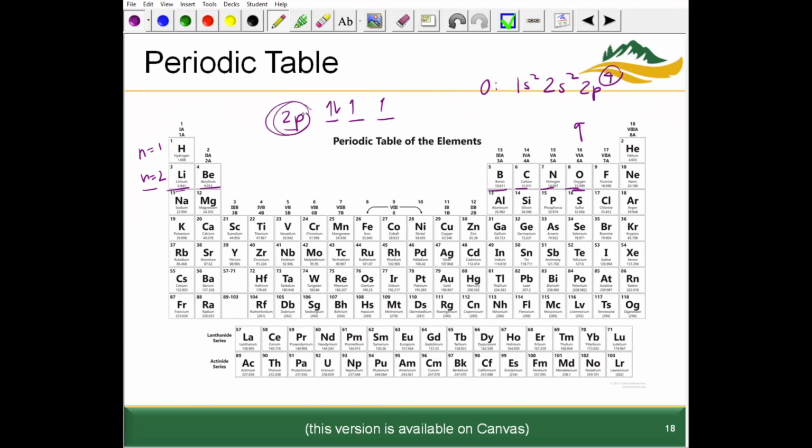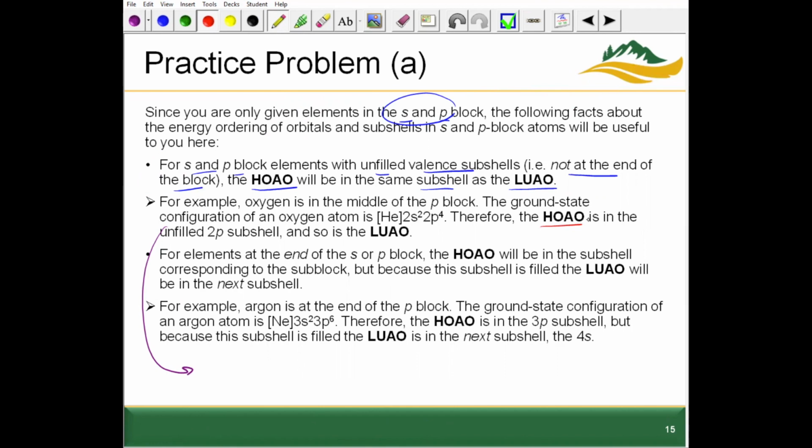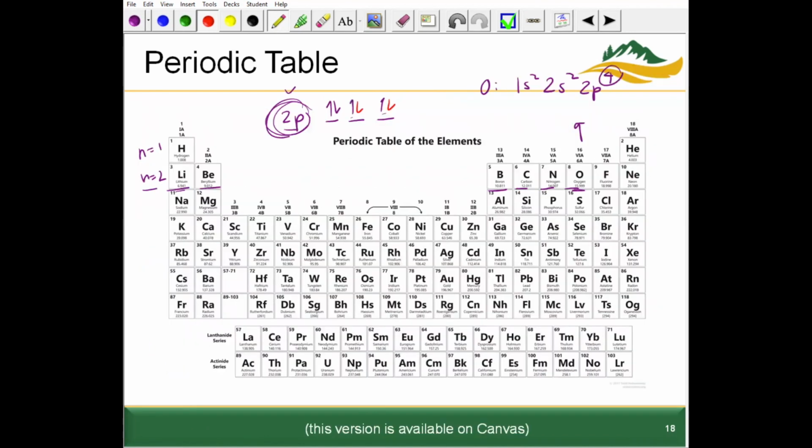This 2p subshell is occupied with electrons, certainly. It's also not fully occupied, so it's also partially unoccupied. We could, in theory, add in an electron here and here. That means the highest occupied atomic orbital is 2p. It's also the lowest unoccupied atomic orbital. 2p is what we call our subshell, right?